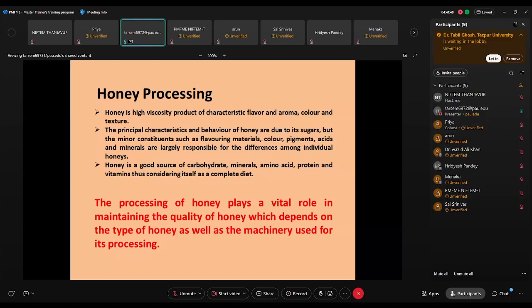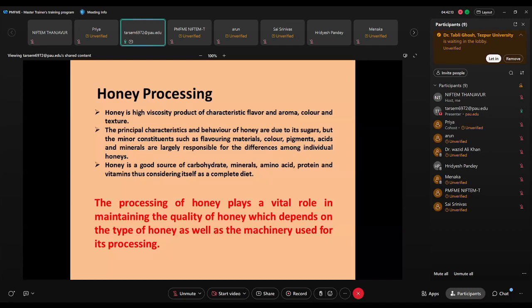It's a good source of carbohydrates, minerals, amino acids, proteins, and vitamins, thus we can say that honey is a complete diet. Basically the processing of honey plays a vital role in maintaining the quality of honey, depending on which type of honey it is as well as the machinery used for processing.